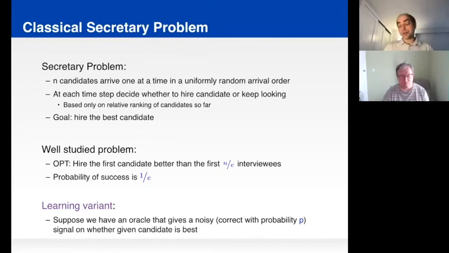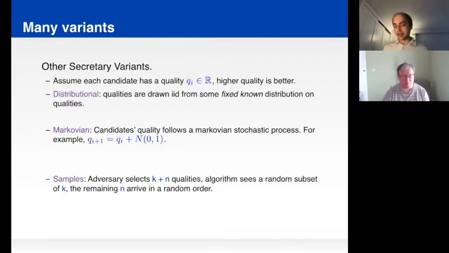They may or may not be correct. And I see this for every candidate that's arriving. How do I solve this problem? What kind of solution am I going to have? So instead of looking at learning for now, I'm going to look at other variants, and these variants follow the beyond worst case framework that I talked about before.